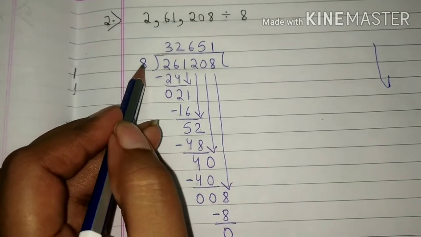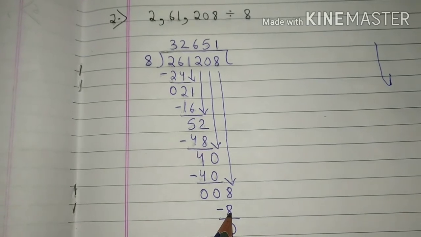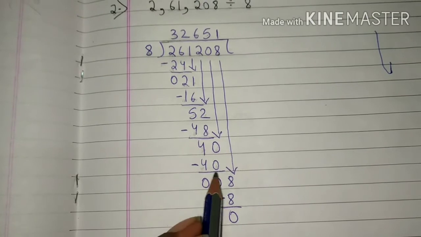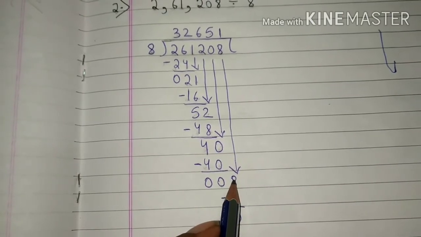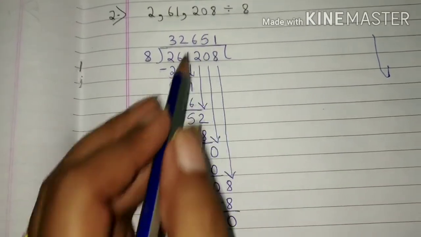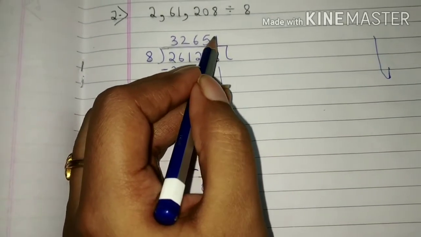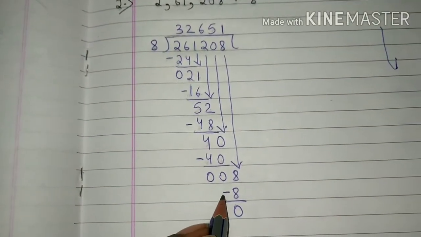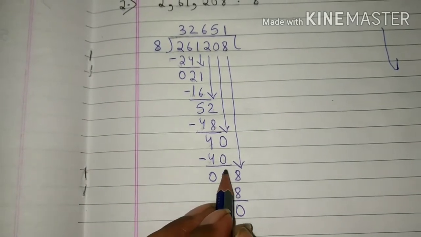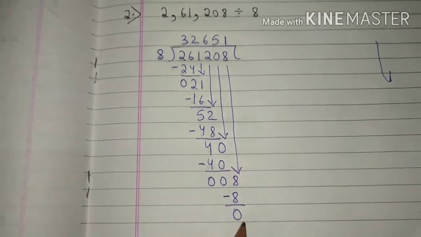Students, 8 into 1 is 8, and this 8 is equal to this 8. So we will consider 8 into 1 is 8. Students, we will write 1 here and we will write 8 here. Now we will subtract the number. 8 minus 8 will give 0.